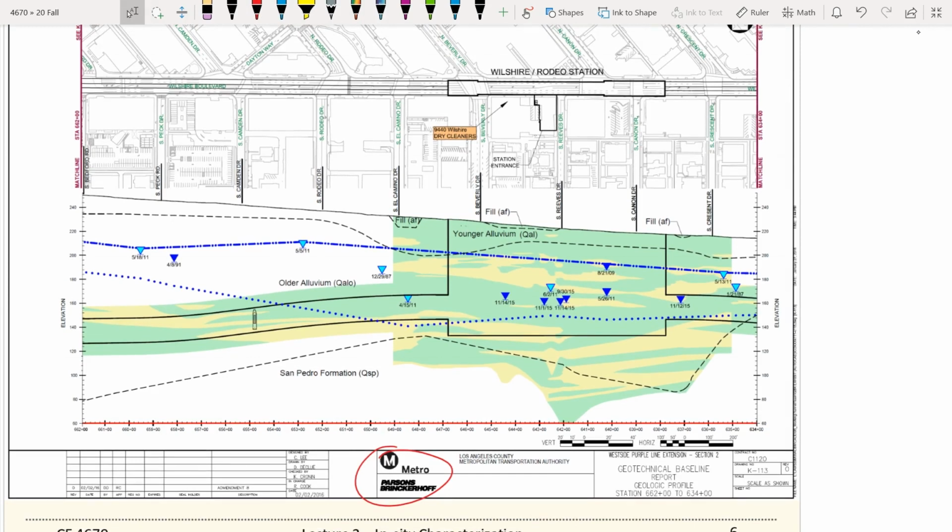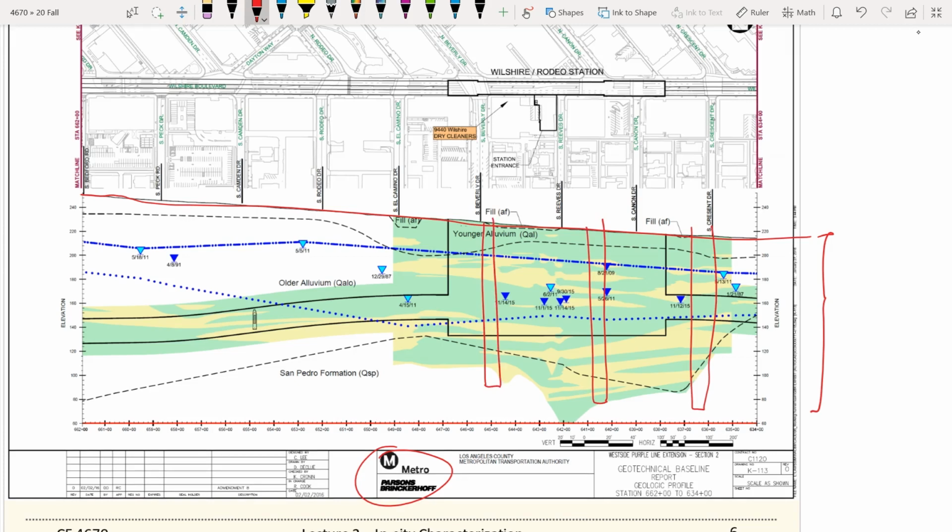And as you can see, this is the area where they have done the geotechnical exploration program, and this part is how the ground subsurface looks. So they have done enough boring logs. For example, maybe this is the first boring log, this is the second, and this is the third.